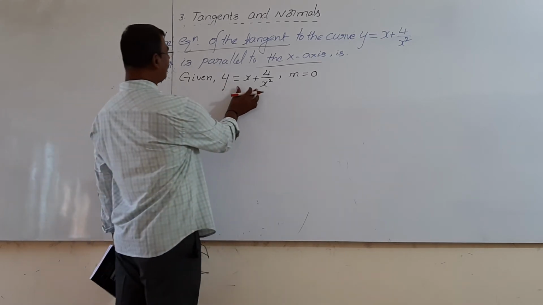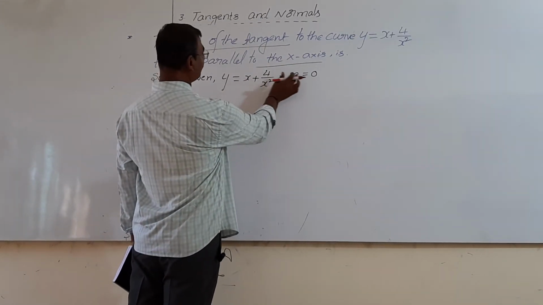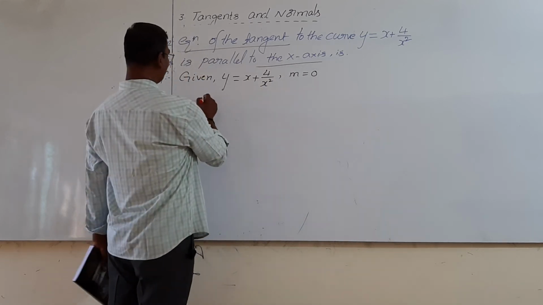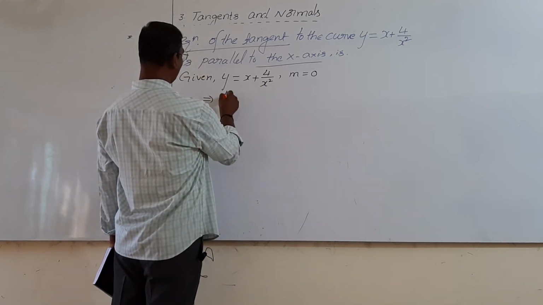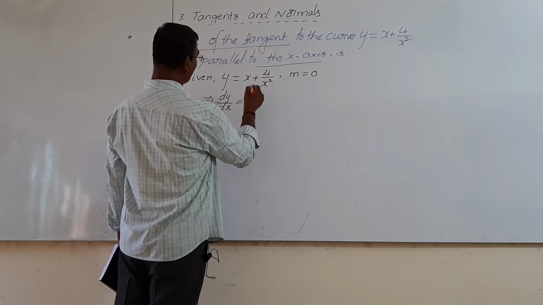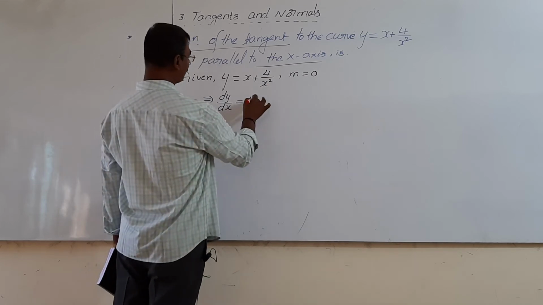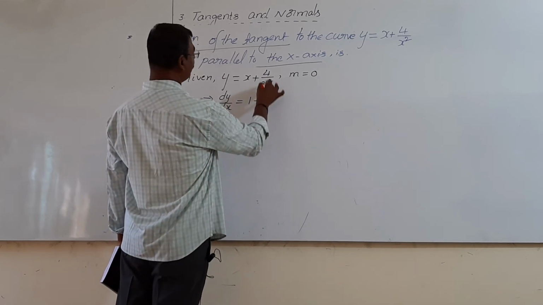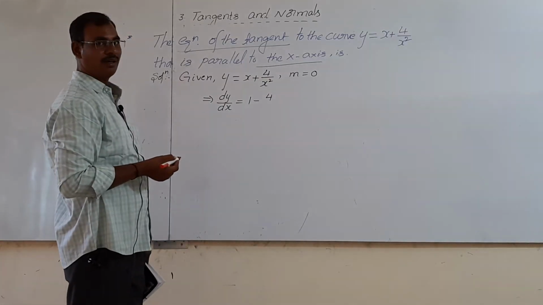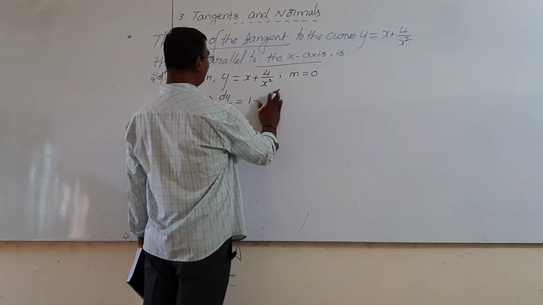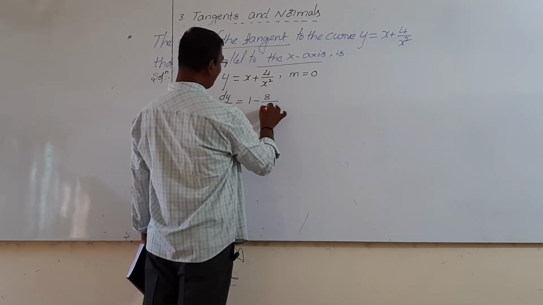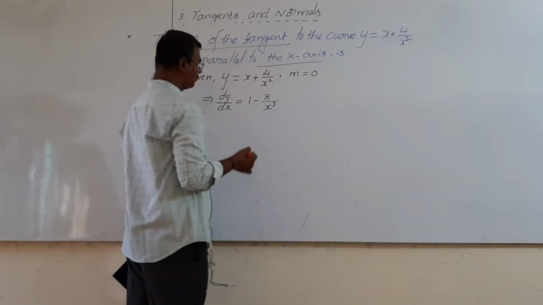So the slope of the tangent will be equal to the slope of this line, m1 is equal to m2. So find the differentiation at any point. Dy by dx is equal to derivative of x, which is 1, plus 4 times the derivative of 1 by x square, which is minus 2 divided by x cube. 2 into 4, minus 8 divided by x cube.